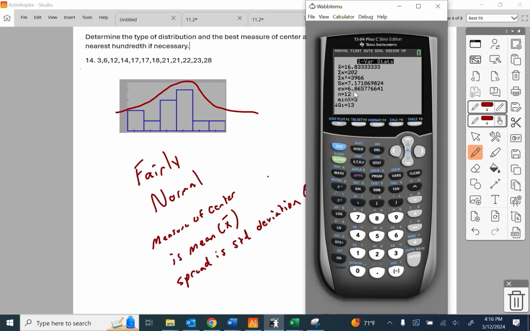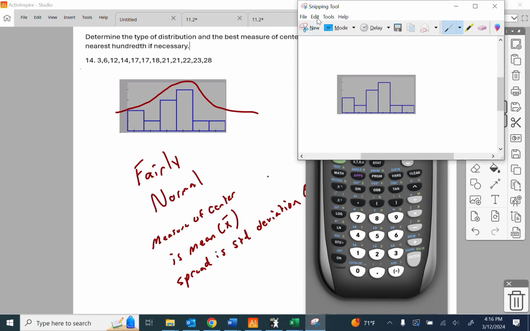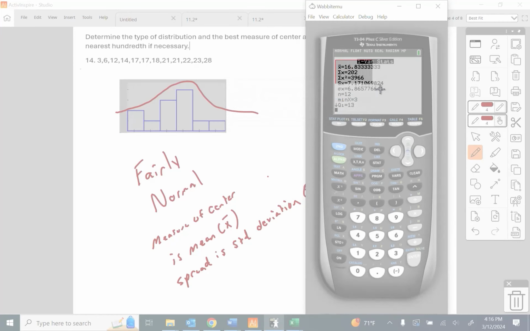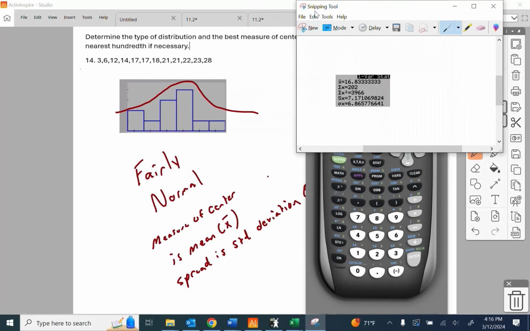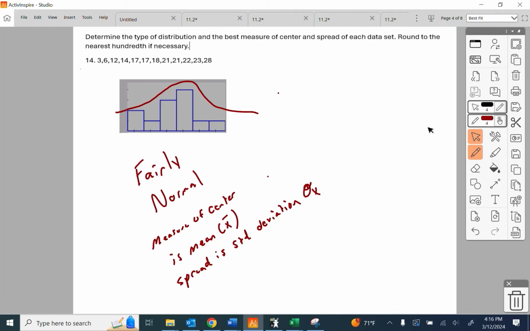And my standard deviation is that guy. Now I'm too tired to remember these numbers. So I'm just going to do this. And again, the ones I'm after are the mean and the standard deviation. Those two right there. That's what I want.